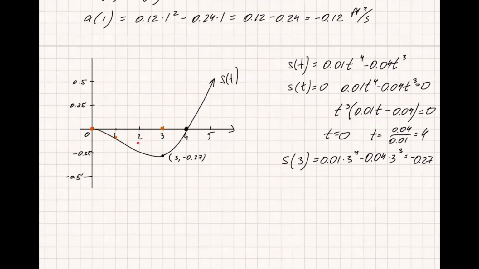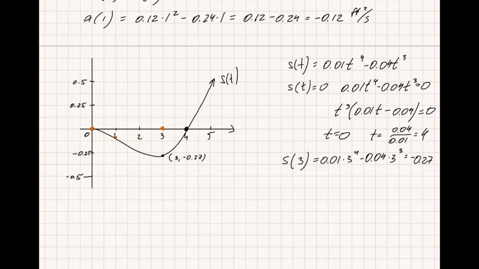So I want to find where that vertex is, right? Again, if I find the vertex, this would be the point where the derivative is equal to 0. The slope of this tangent line is a horizontal line, so the derivative should be equal to 0. So I want to see where acceleration equals 0.